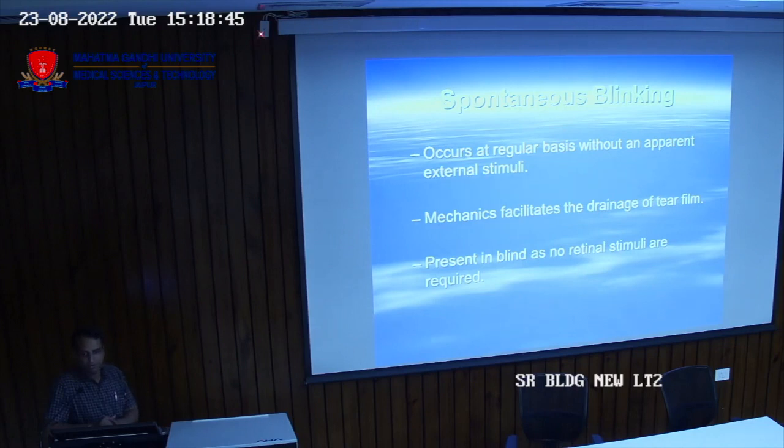So spread of the tear film is a very important function of the eyelid, and it also facilitates the drainage of tear film by pulling on the lacrimal sac, because there are fibers of the orbicularis and LPS attached to the lacrimal sac, which make positive and negative pressure, and the tear film drains into the lacrimal sac and then the nasolacrimal duct.